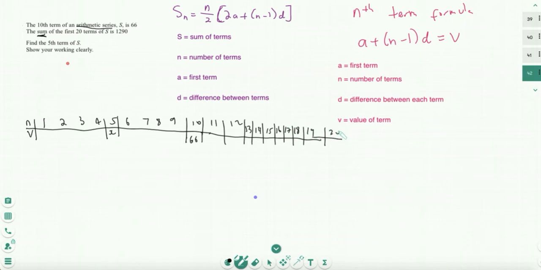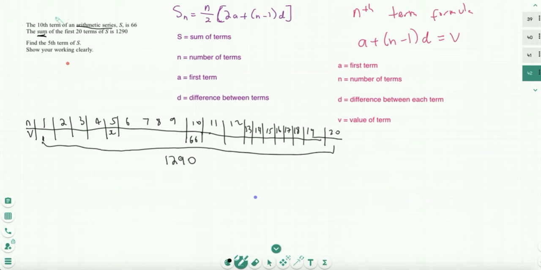And we know that the sum of the first 20 terms adds up to 1290. All right, so how can we use this information to find the 5th term?